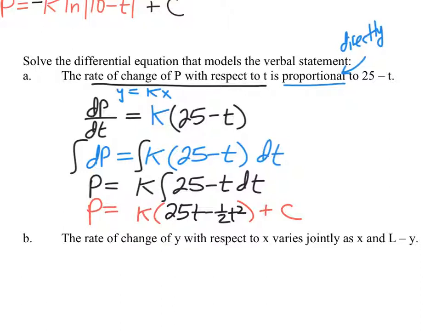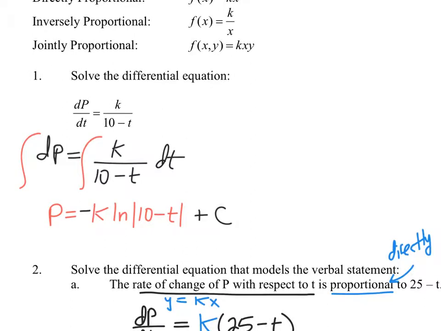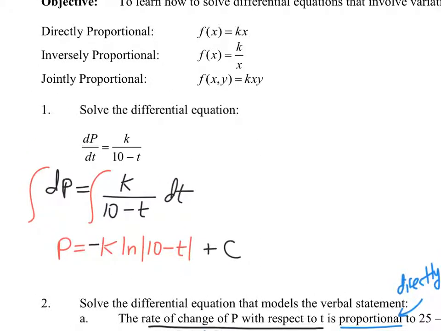All right. The rate of change of y with respect to x varies jointly. So joint variation, we have the model above, y equals kxy. You can write it as f of x comma y if you want to be fancy, but it's a function, not y, z, 3 variables. But f of x comma y does the same thing.